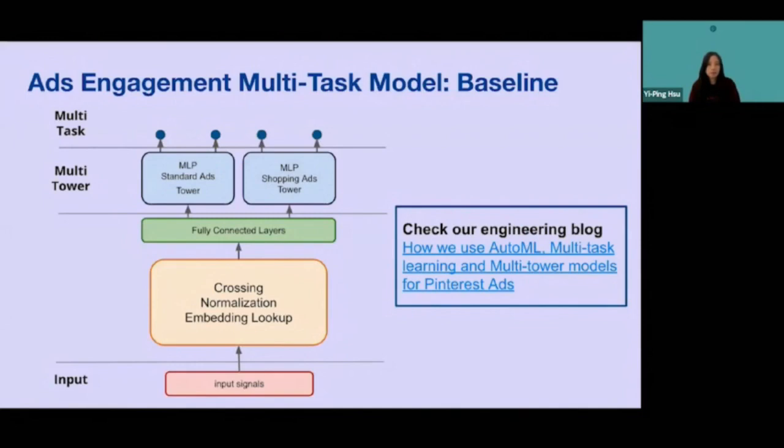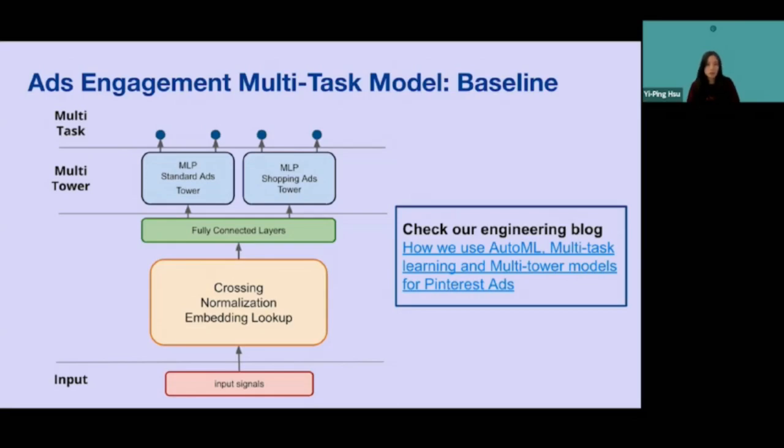First, let me briefly introduce the baselines in this work. Here is the overview of ads engagement model that we launched in 2020. This model will first preprocess the input features by performing embedding lookup, normalization, and feature crossing, and then followed by several fully connected layers.